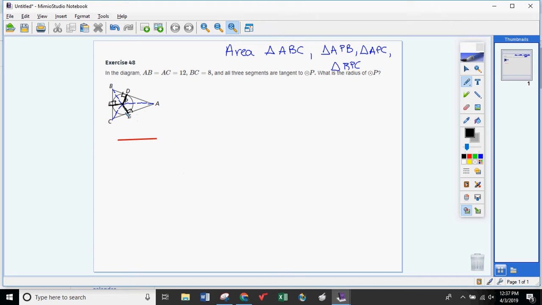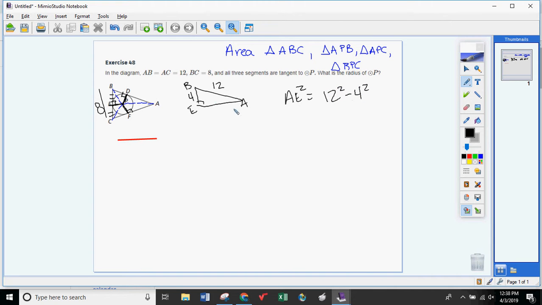Okay, so the first thing I'm going to do is I'm going to look at this triangle, and I need to figure out how long this is. This is 4, this is 12. It is correct to assume that these two are congruent, so this side is divided into 2 equal parts. So AE squared will be 12 squared minus 4 squared.